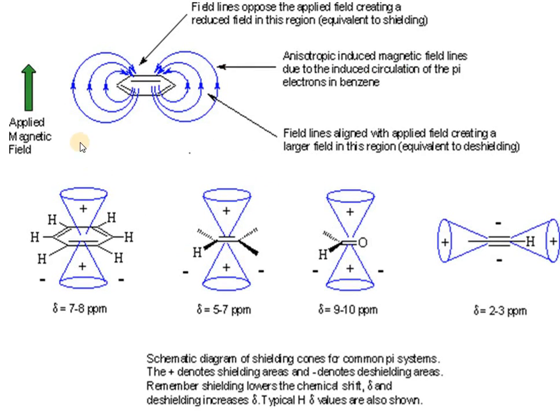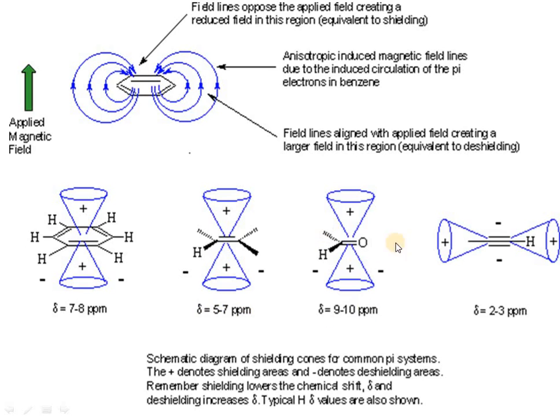If we take just an overview, in the benzene, the protons which are present are in the deshielded region, so they show signal at around 7 to 8. But in the alkenes, the protons are shielded and they show signal at around 5 to 7 ppm.